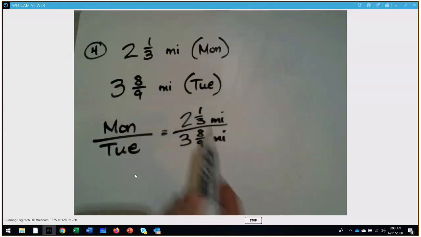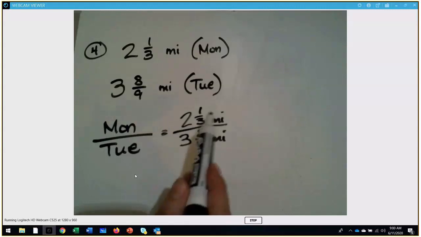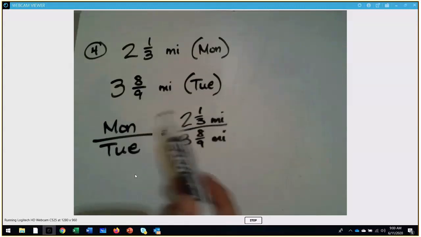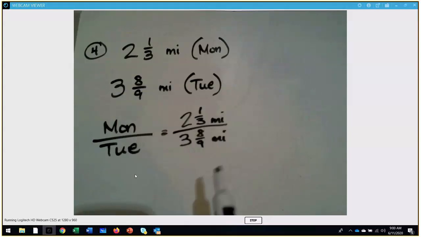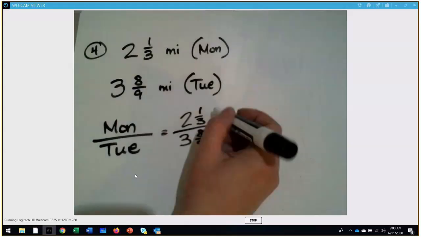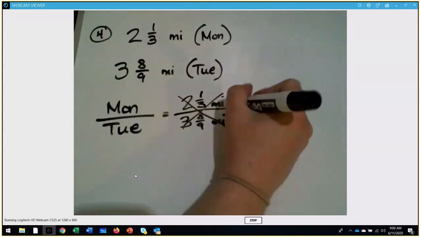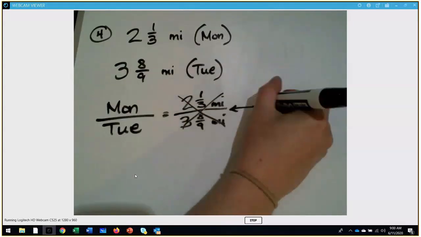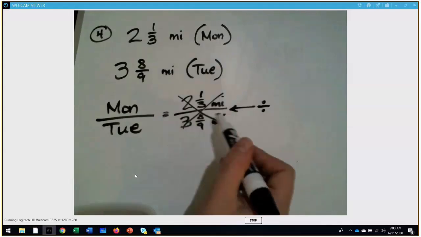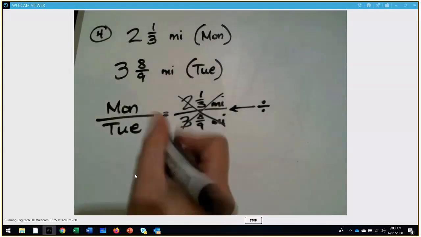This is called a complex fraction, when you have fractions divided by fractions in fraction form. You've got multiple stuff going on here. I would prefer not to write it like this. Instead, since I know that a fraction form means divide, I'm going to write it this way.